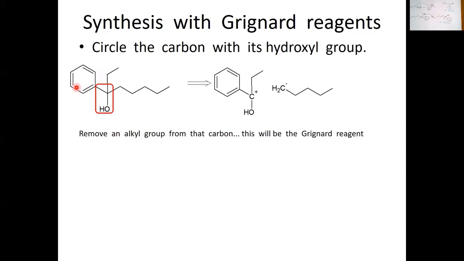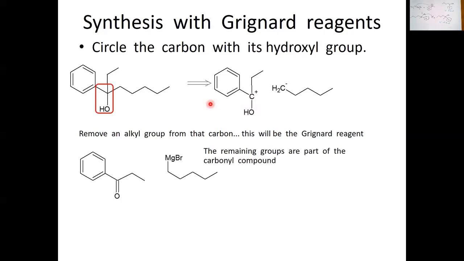I'm going to break off that rightmost piece. This carbon is going to be the negatively charged carbon that did the attack of what used to be the carbonyl. So that molecule had come from a 5-carbon Grignard molecule, and then that carbonyl compound on the left.